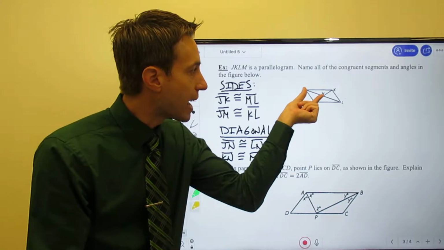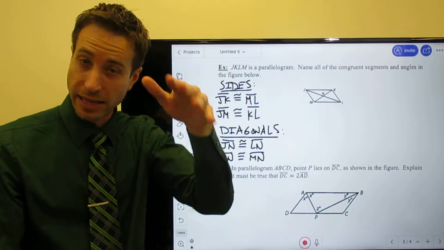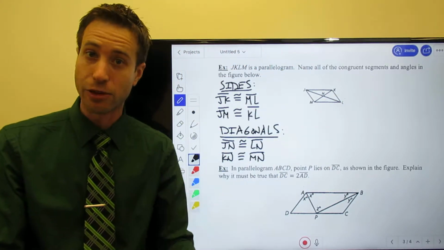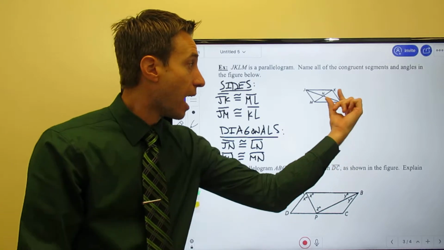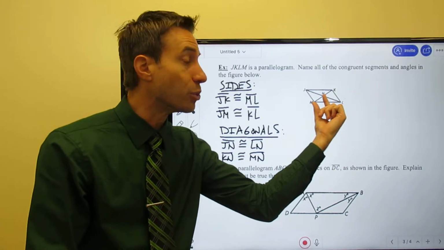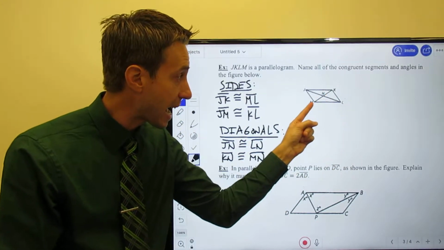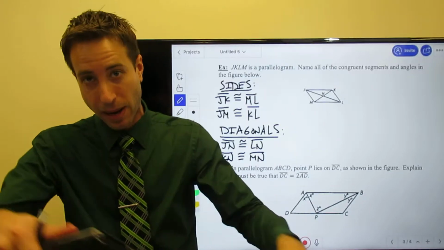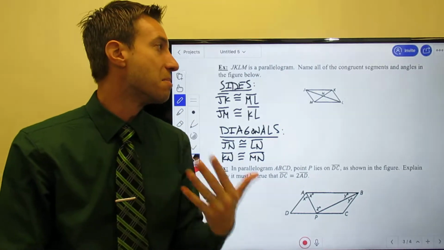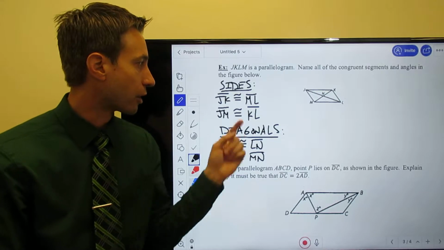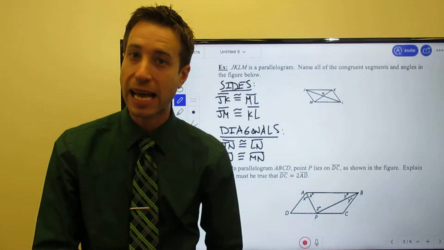I know that JN and LN are congruent because that diagonal is bisected by the other diagonal. Vice versa, I know that KN is congruent to MN because KM is bisected by the other diagonal. So diagonals bisect each other in a parallelogram. So that takes care of the congruent segments.